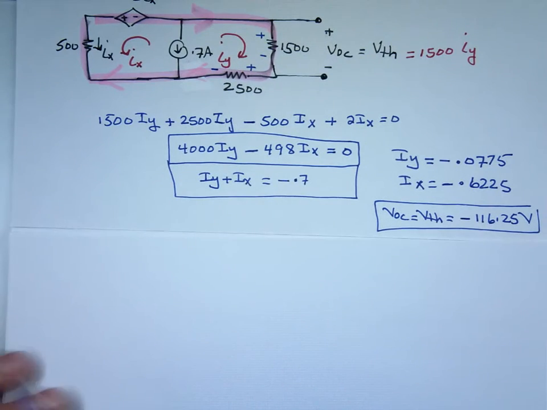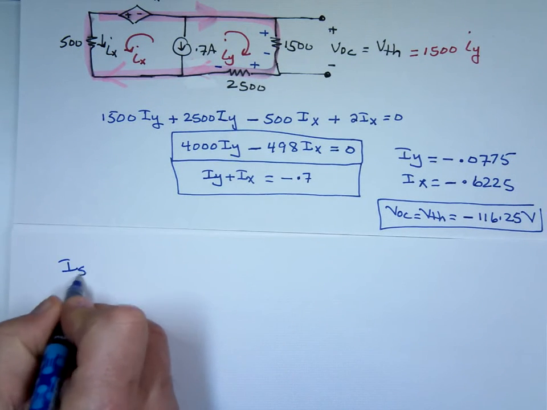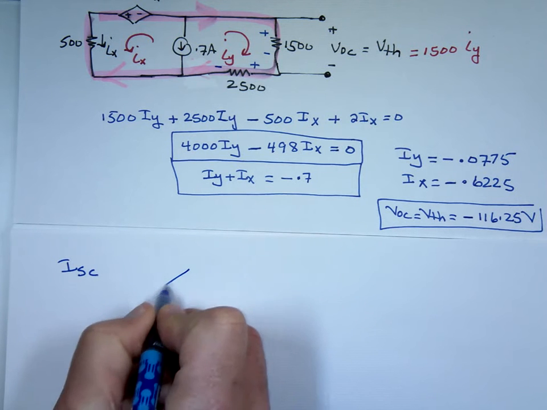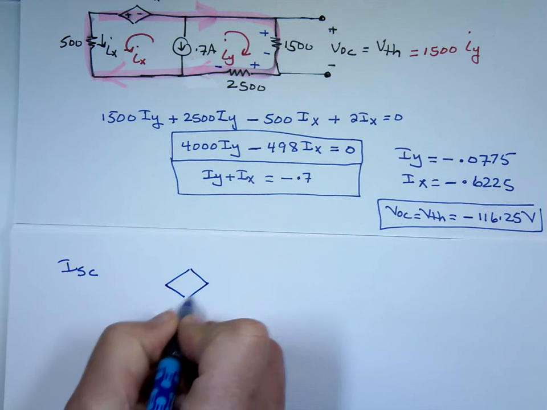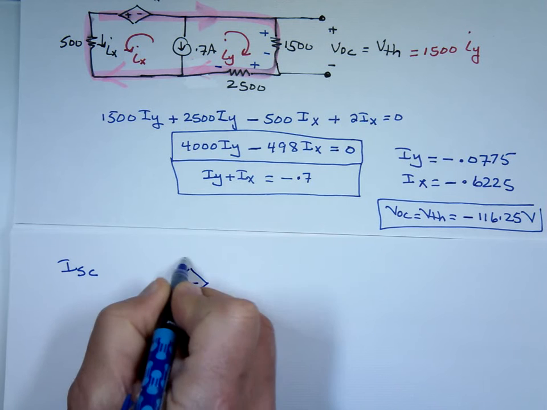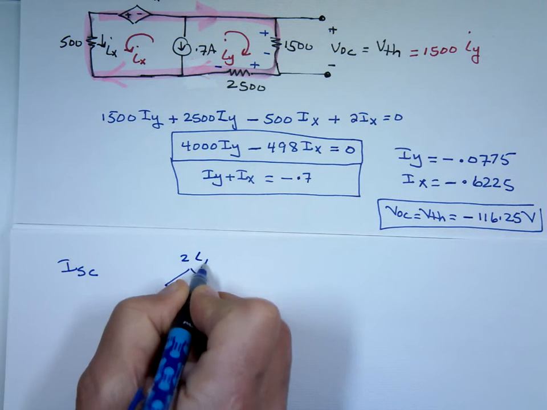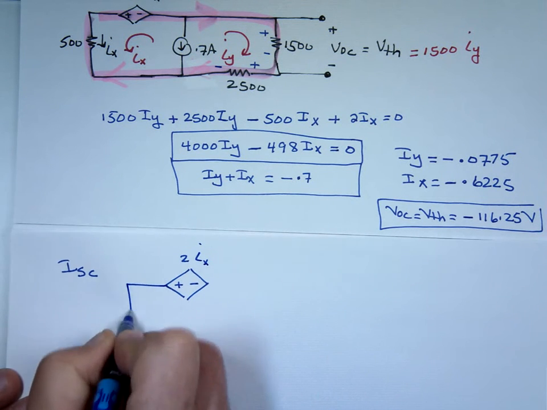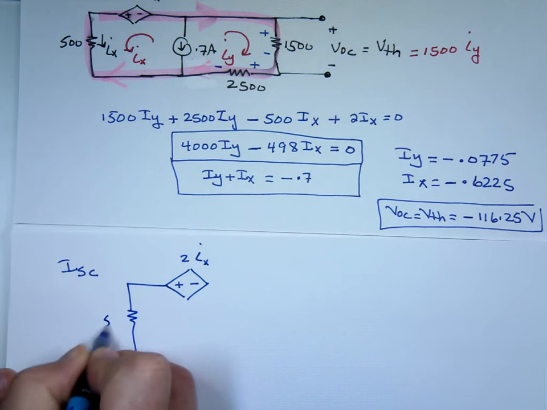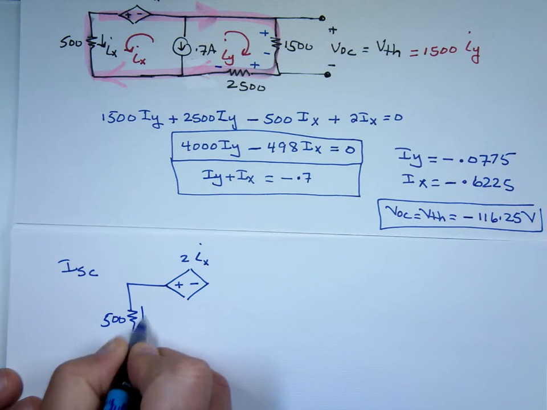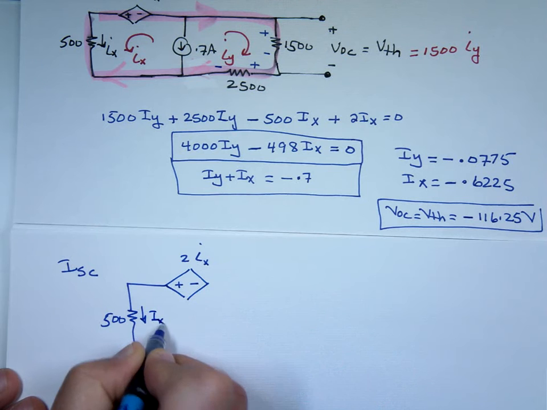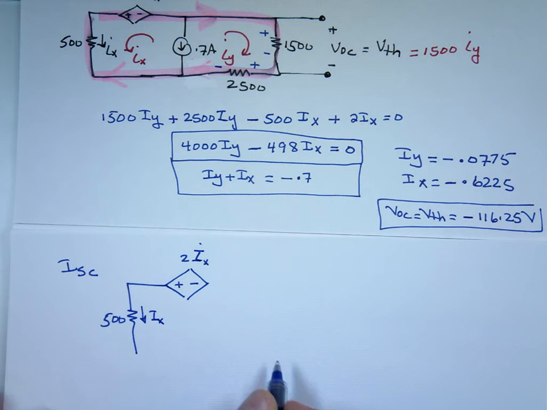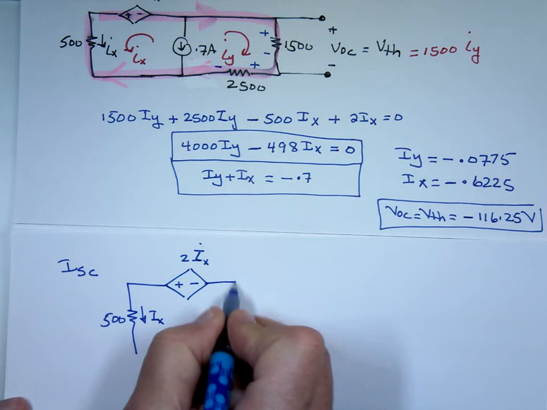So let me now find I short circuit. Again, the same circuit. I know I make them sometimes capital letters, sometimes small letters.